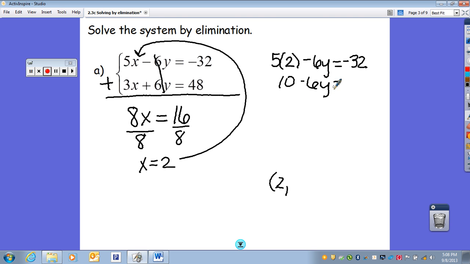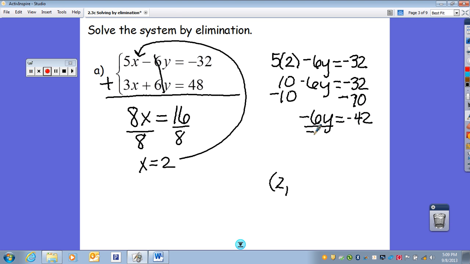I'm now going to subtract 10 from both sides. My goal now is to get the y by itself. So I have negative 6y is equal to negative 42.